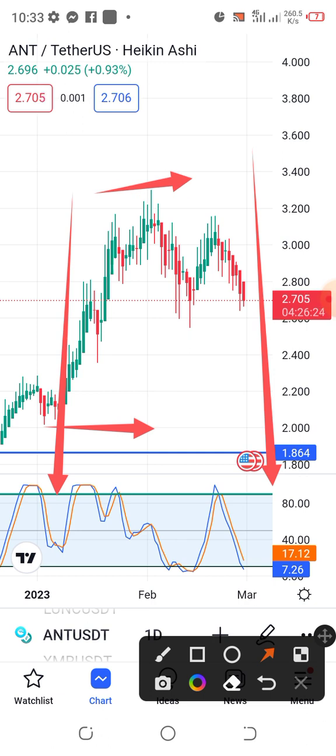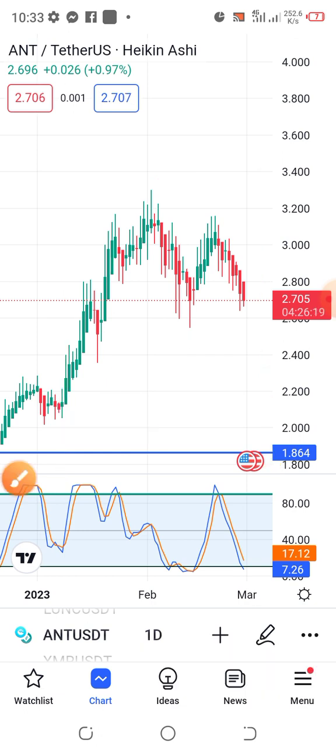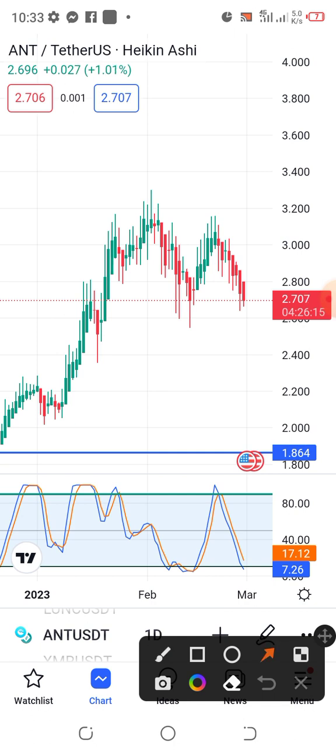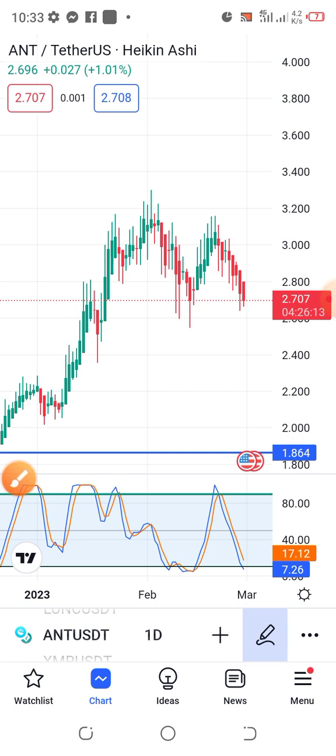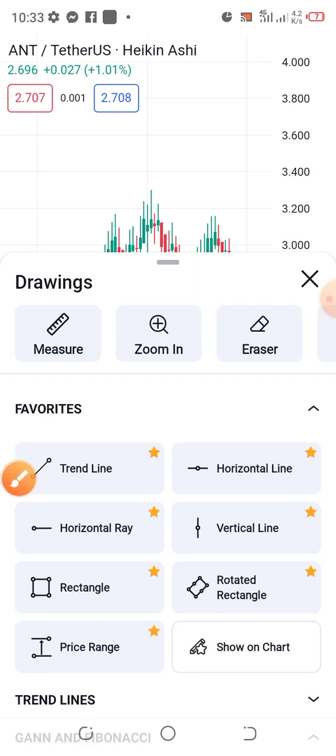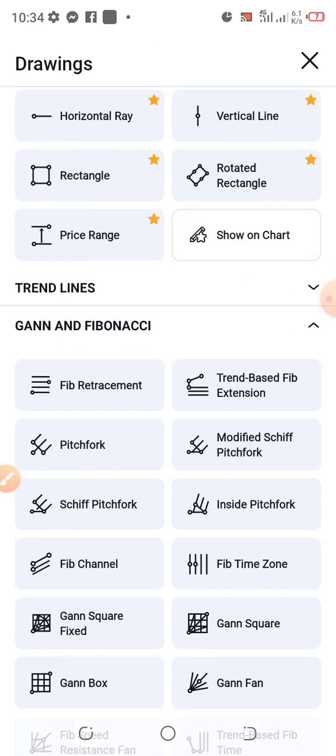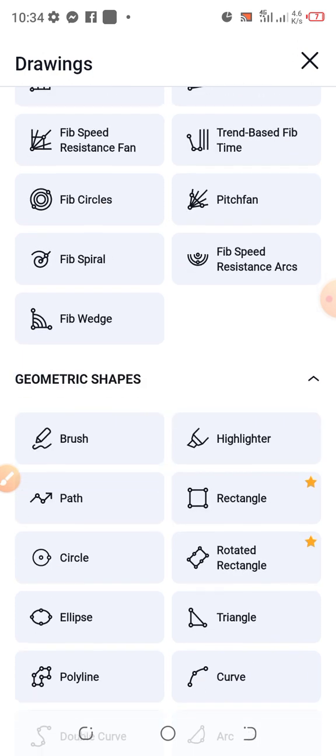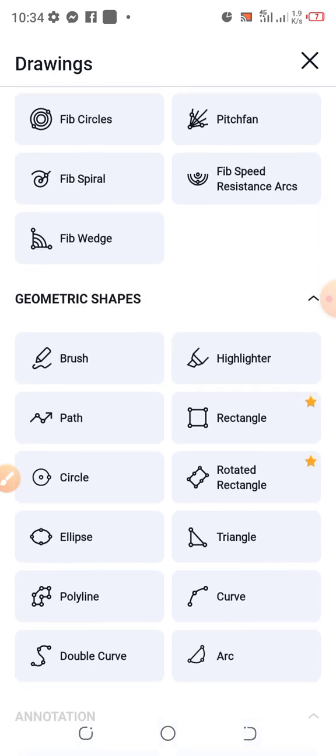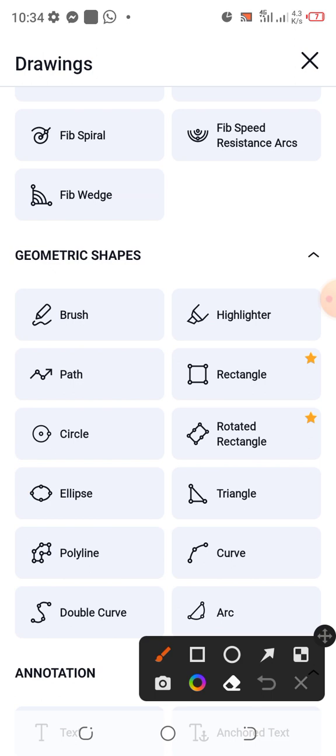After identifying that, you come and tap on this pencil here. When you tap on the pencil, you go to shapes. When you go to shapes, geometric shapes, you can see it is here, it is here, geometric shapes.